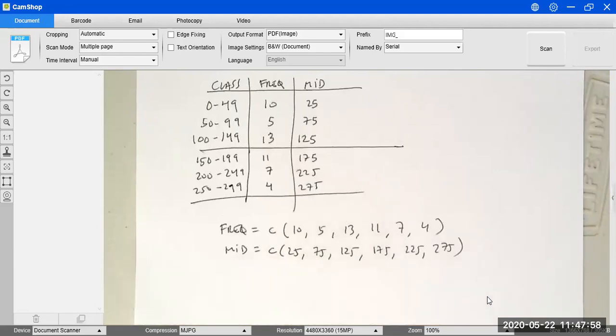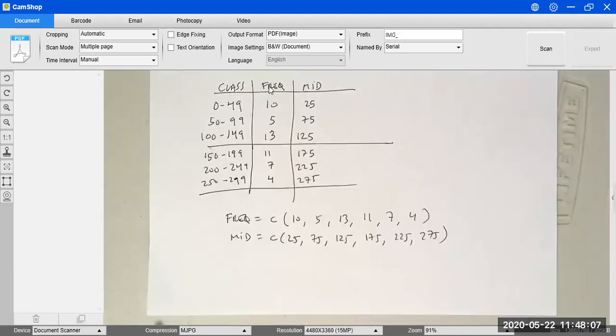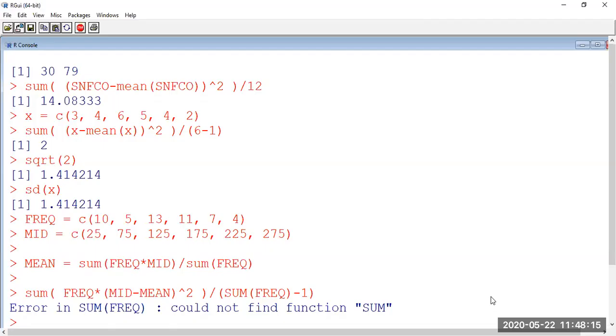Let's enter this information into R, and be careful with R commands. You need to use lowercase letters for your R commands.